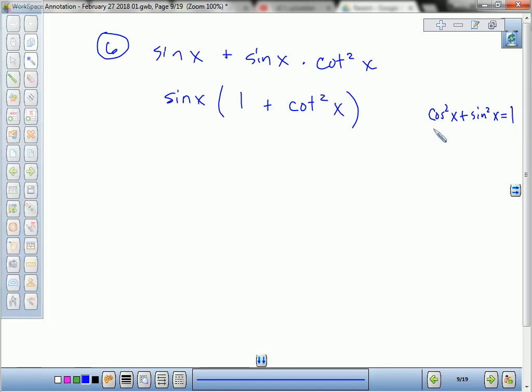Sine squared. So I get cotangent squared x plus 1 equals cosecant squared x. Oh, look right there, those match. So what is 1 plus cotangent squared x? Cosecant squared.